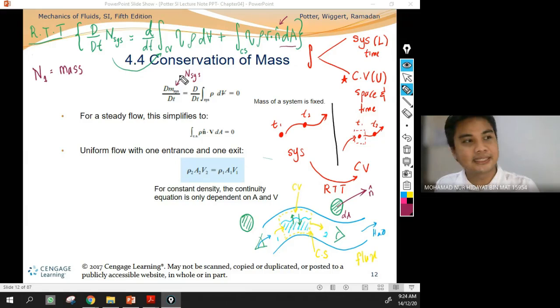Now they replace the N with M of the system, equal to, this is the formula, they convert it, right? Basically, this term is the mass. Why mass? Because density equals mass over volume.